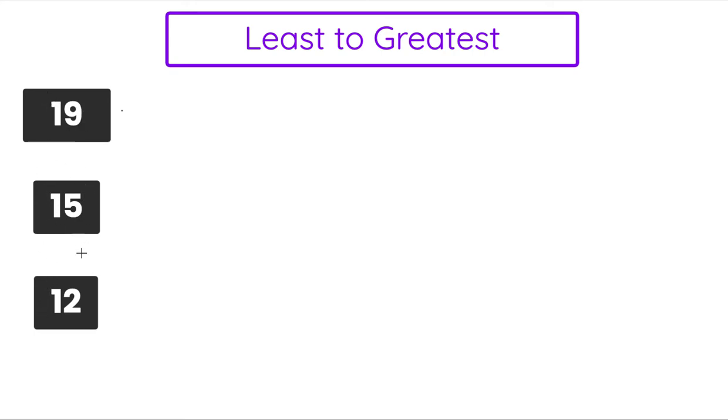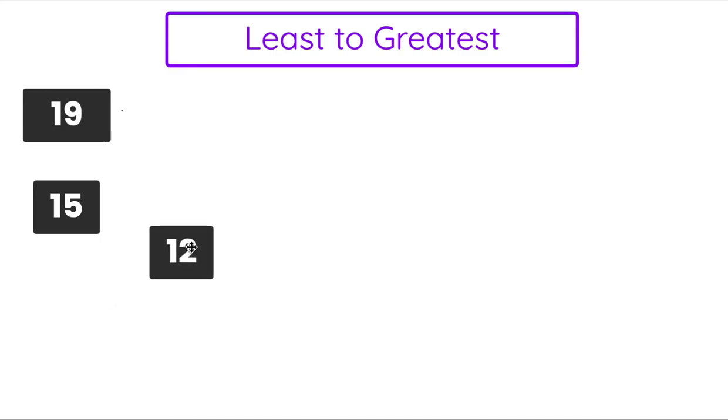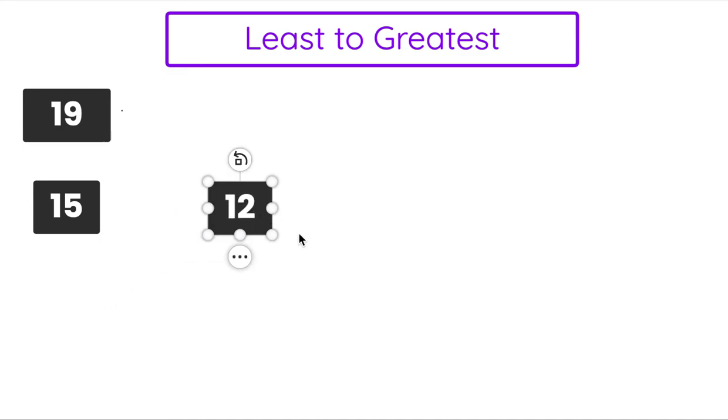So let's look at these numbers to figure out which one's the least, the smaller, the littlest number. The least number out of the 3 of them is the number 12 because it's the smallest one out of all 3 of these numbers. This one's the smallest. It's the least. So we're going to drag it over and put them in order.